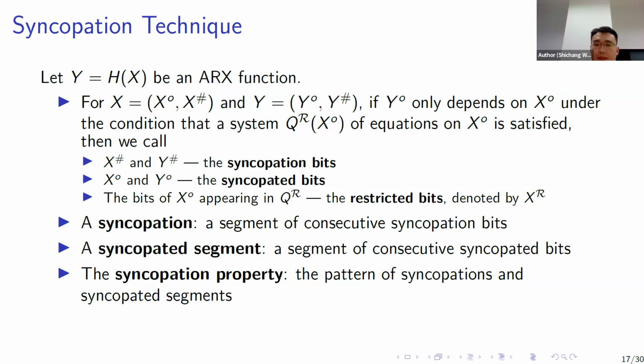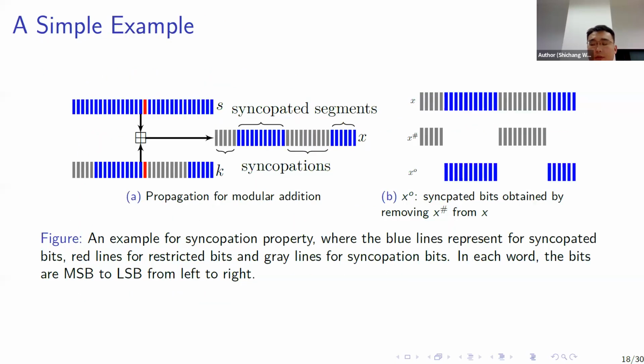The pattern of syncopation and syncopated segments is called a syncopation property. Here is an example to illustrate the syncopation property. Please look at this picture showing the operation of modular addition x equals s plus key, where key is a word of the secret key, and s is a public and known word. The blue lines represent the syncopated bits, the red lines the restricted bits, and the gray lines the syncopation bits.